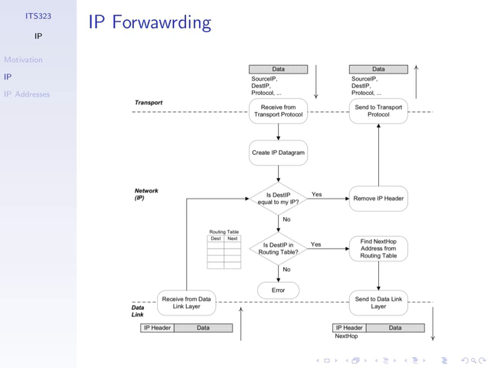So no, therefore R1 looks in its routing table. R1 has a datagram destined to 11. R1's routing table is here. 11 is not on subnet A. It is not on subnet B. Therefore, this row matches. We send to R2. So we find the next hop to send to, which is R2, and send it from R1 to R2. The same datagram.